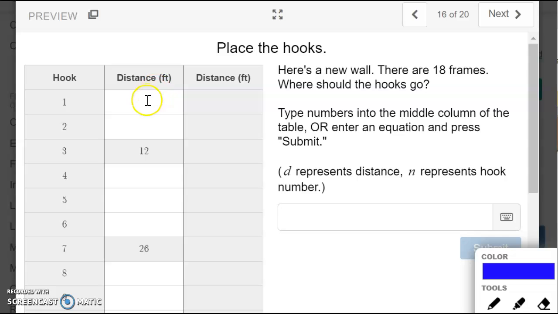This time, instead of knowing the first two, we know the third and the seventh. So we need to figure out what is the equal distance from there. To go from 12 to 26, how should we figure it out?